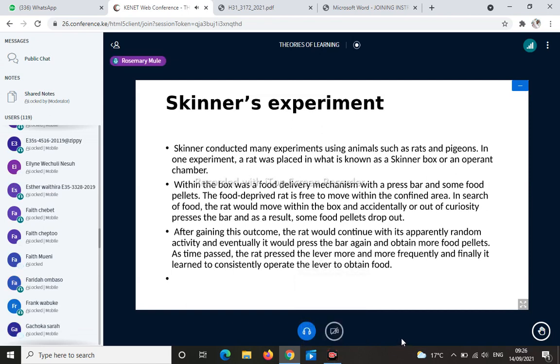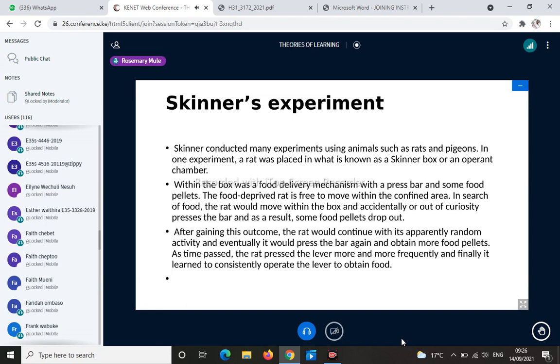So as time passed, the rat kept on pressing the lever or the bar more and more frequently, and finally it learned to consistently operate the lever to obtain food.